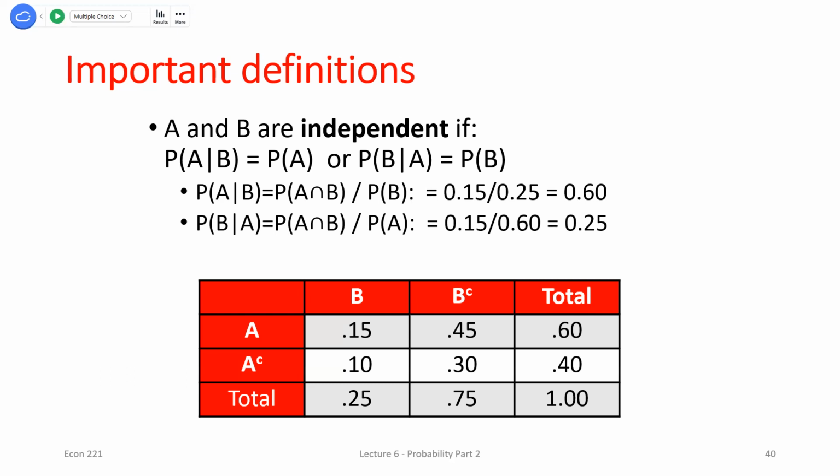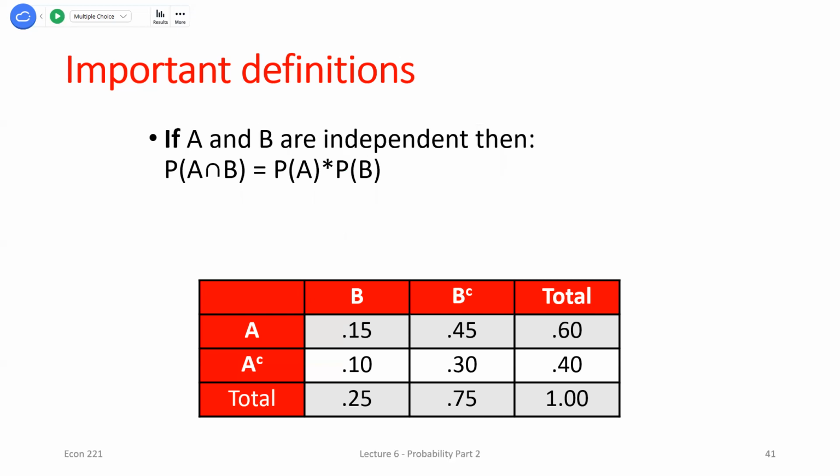Okay, so the first step that we had was we need to figure out how do I find a conditional probability, right? And the idea of independence is I can find that conditional probability. If it's the same as the unconditional probability, I'd say these are independent. Now, I also said that if they're independent, this should hold, right? That the intersection should simply be taking the probability of each event and multiplying them together. So we can check that here too, right? Because we have the intersection, 0.15.